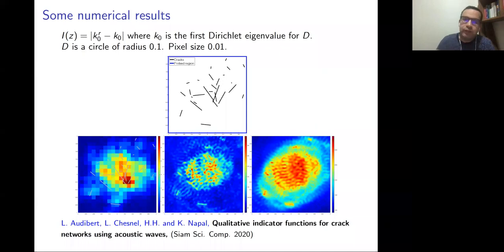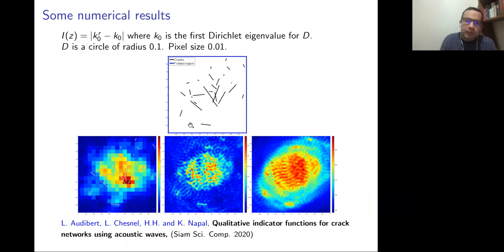I'm not sure. For this configuration of the cracks, whatever you use as an inversion method, there will be so much multiple scattering that it's impossible to get any exact reconstruction. Okay.